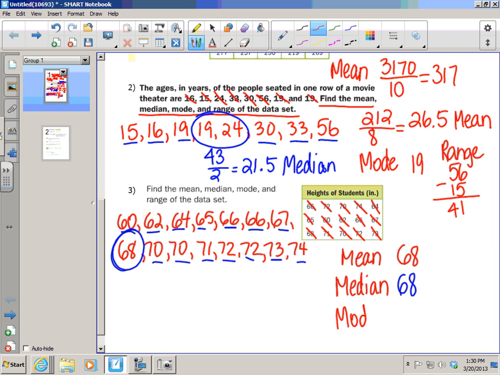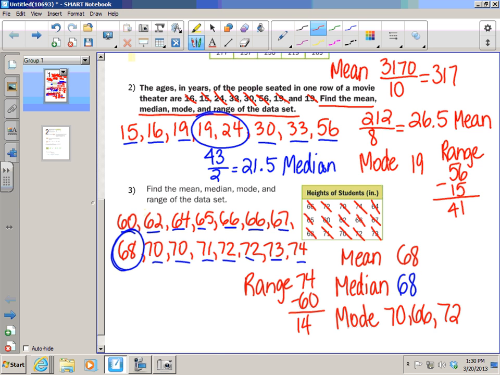My mode is the most occurring, and there are multiples of this. I have 70, 66, and 72, and my range is low to high, which would be 74 minus 60, which is 14.